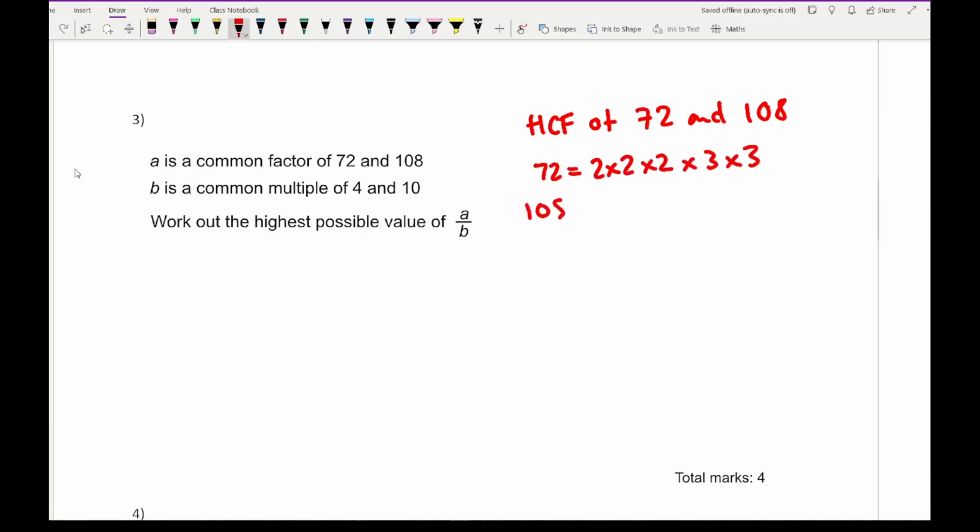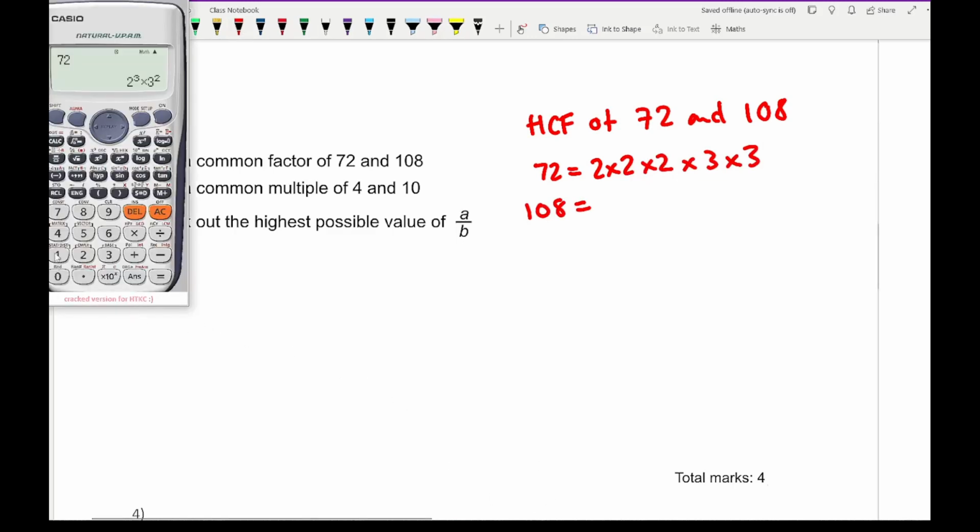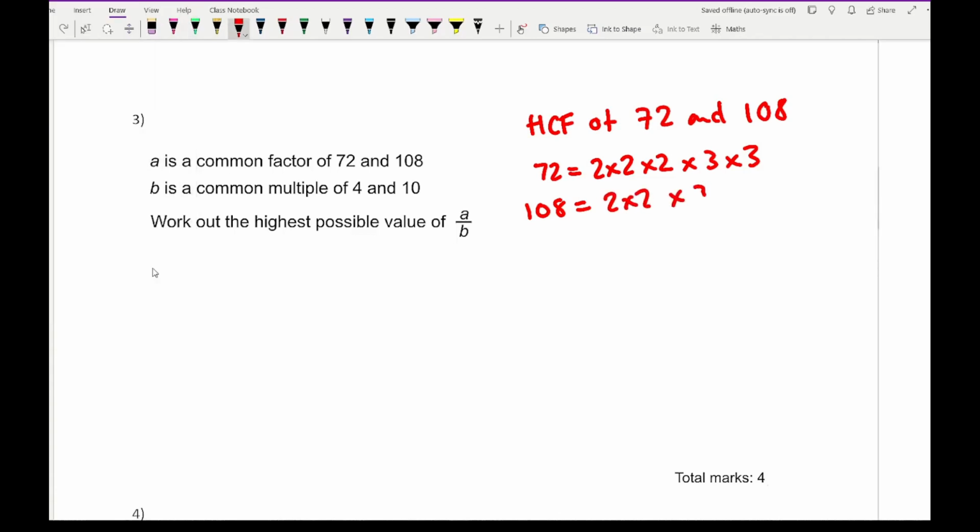And 108, again if I get the calculator up, press equals, shift, fact, gives 2 squared times 3 cubed. So 2, 2, 3, 3 and 3, and then you're circling which numbers appear in both.